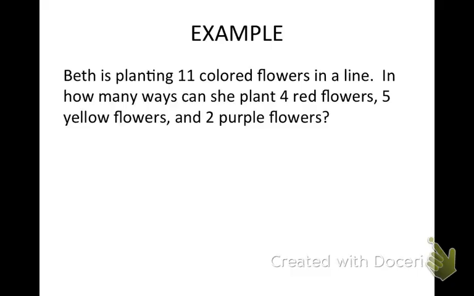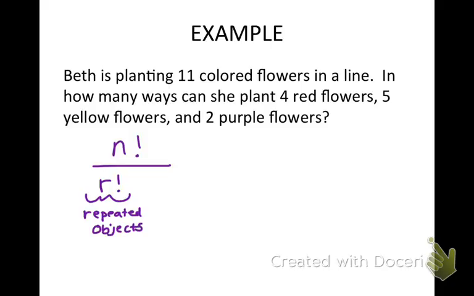So to solve this, we're going to take that n factorial, and then we're going to divide it by however many r factorials we need that are the repeats. So these will end up being your repeated objects. So however many there are.